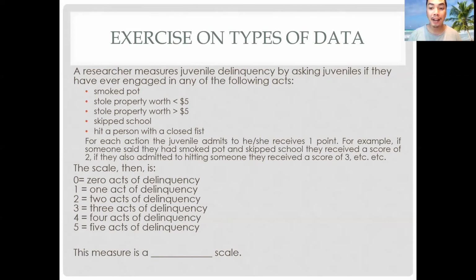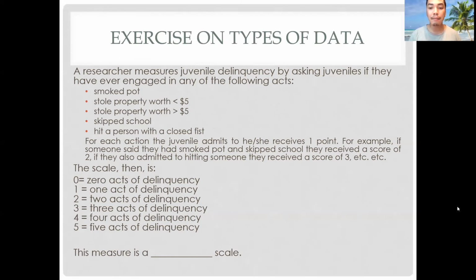For each action the juvenile admits to, he or she receives 1 point. For example, if someone said they had smoked pot and skipped school, they receive a score of 2. If they also admitted to hitting someone, they receive a score of 3, and so on. So the scale is 0, 0 acts of delinquency, 1, 1 act of delinquency, 2, 2 acts of delinquency, 3, 4, 5, 5 acts of delinquency.